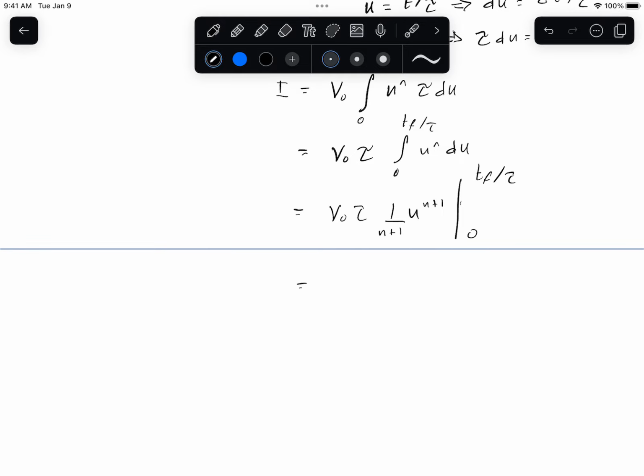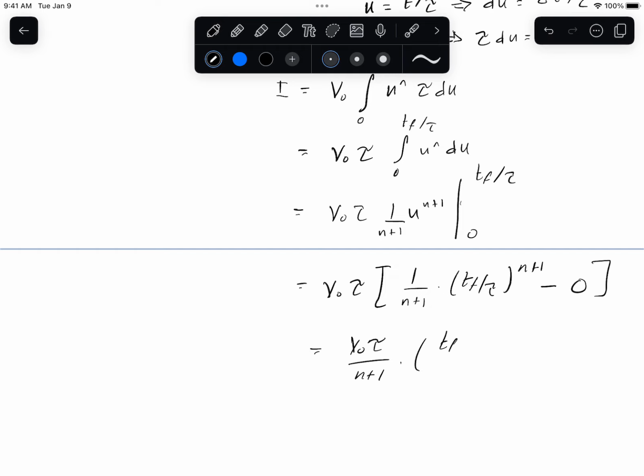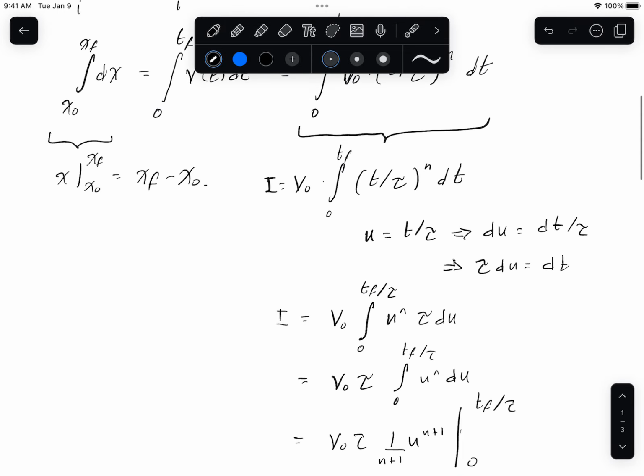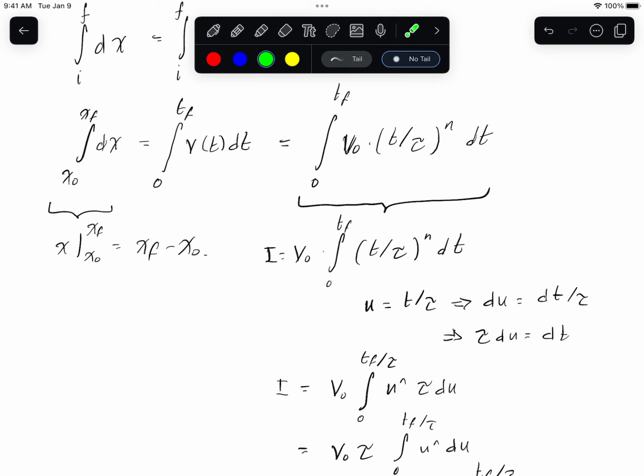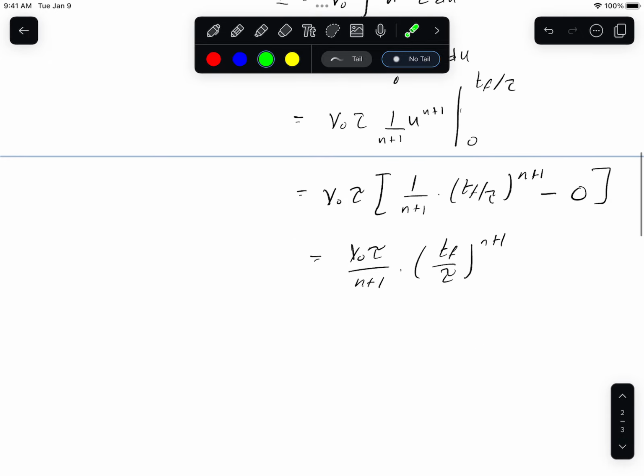So I evaluate this bit, v naught tau, and then I have 1 over n plus 1 times tf over tau to the n plus 1 minus 0, because when u is 0, this whole bit is going to be 0. And so this tells me that this integral is v naught tau over n plus 1 times tf over tau to the n plus 1. Okay, so I have done the integral on the left-hand side, and I have done the integral on the right-hand side, and so I'm going to go ahead and plug it in.